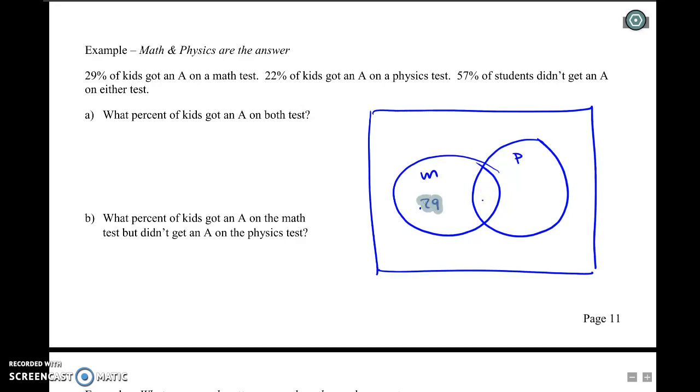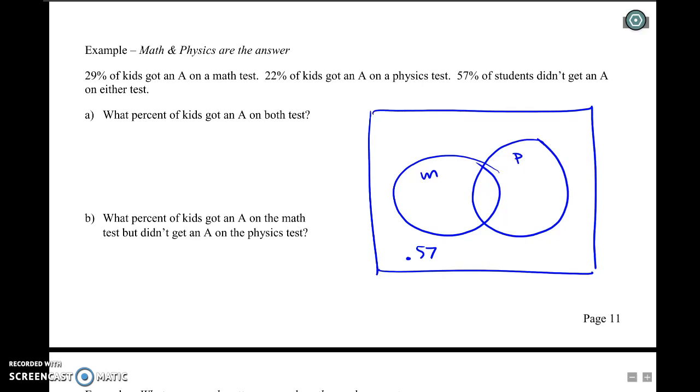What goes here depends on this. 22 got an A on the physics test, so this plus this is 22. And 57 percent of students didn't get an A on either test, so that's this outside spot, which is a little strange for them to give us.